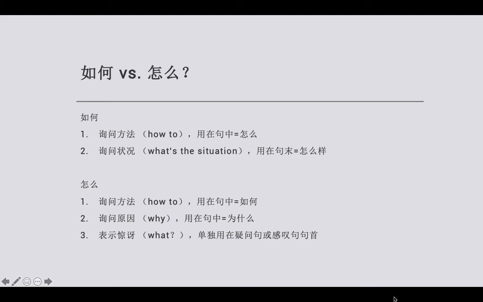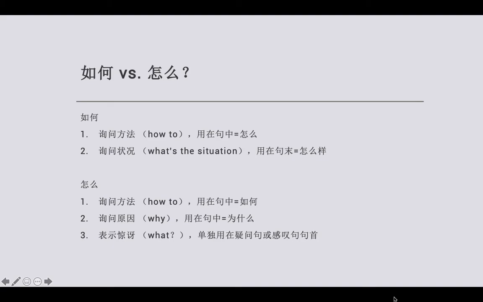And for 怎么, we have learned three usages. The first one is as 如何, to ask about the method to do something. So it is interchangeable with 如何. The second one is to ask for a reason. It equals why. You can simply use it in the middle of the sentence, right before the verb, and you can change it with 为什么.